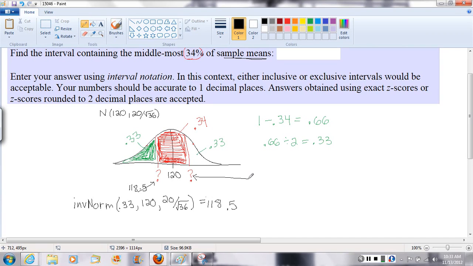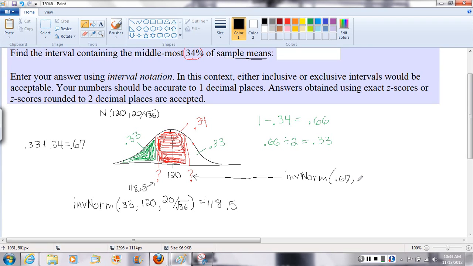We could enter inverse norm. Now we need the area to the left of this red question mark. So to the left of here is this 0.34 area and this 0.33 area. So if we add those together, that gives us 0.67. So that's the area to the left of this value of interest, 0.67.